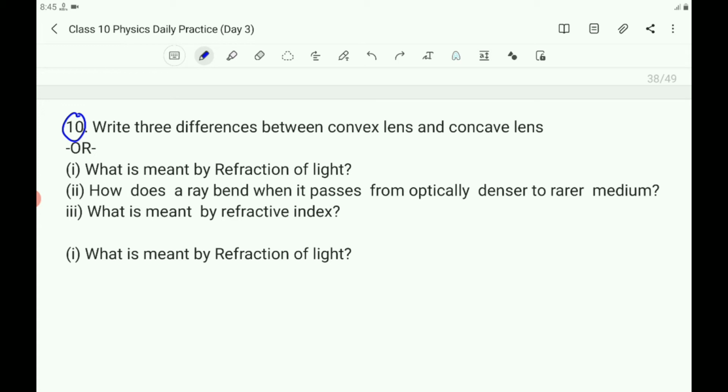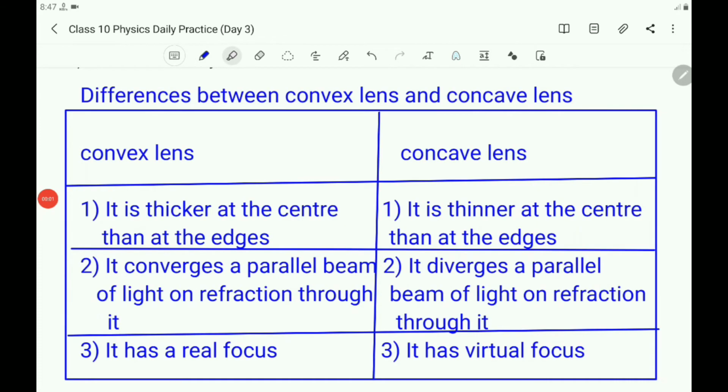Now let us write the differences. Children, you write the differences. This is the column for convex lens and this is the column for concave lens. So write the first difference. Convex lens, it is thicker at the center than at the edges. Concave lens, it is thinner at the center than at the edges.